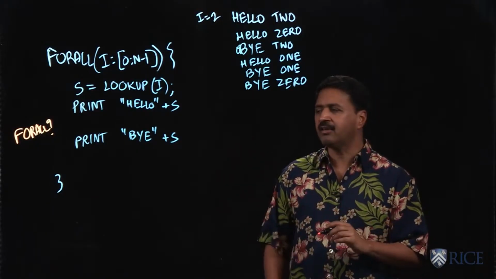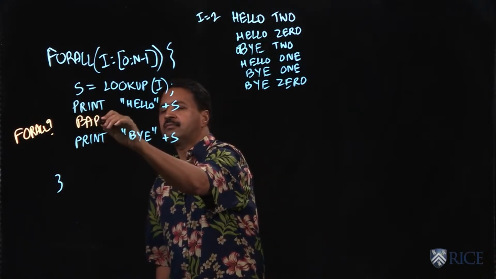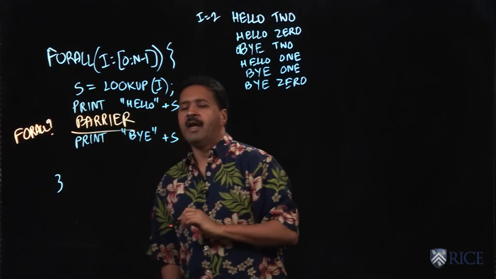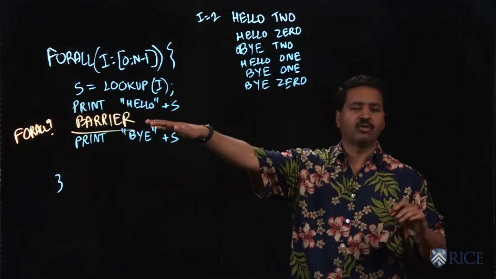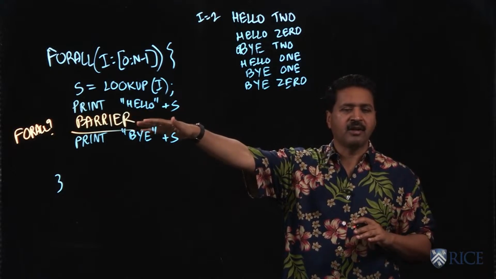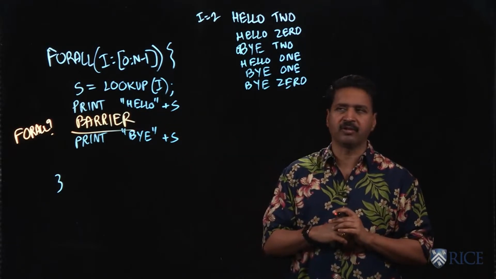So instead, we have this construct called a barrier over here. And what the barrier does is ensure that when you have a parallel loop, all the iterations reach the barrier, and none of them go past the barrier till all the iterations have reached that point.